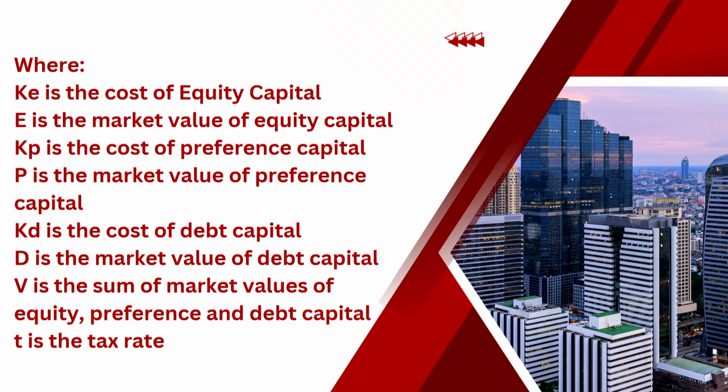Moving further, where all these things have been mentioned, K is the cost of equity capital, E is the market value of equity capital, and so on and so forth.